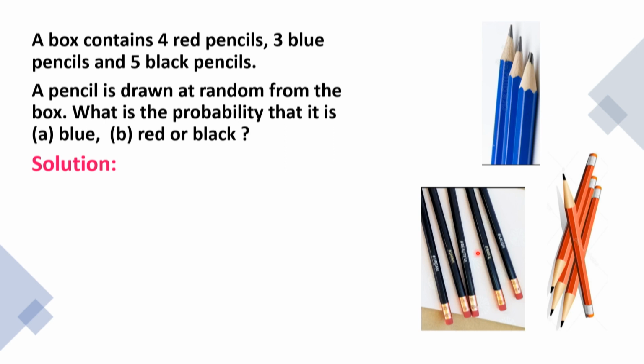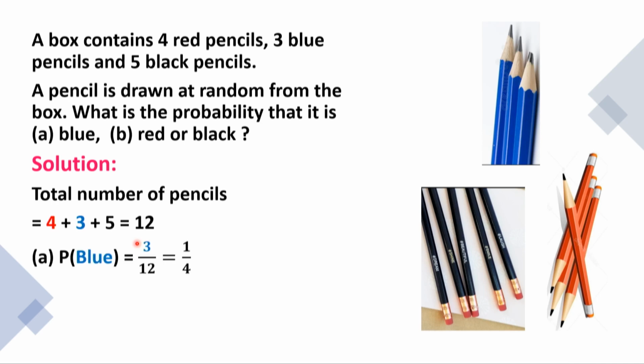How many pencils do we have in all? So, the total number of pencils will be 4 red plus 3 blue plus 5 black. That is a total of 12. We have 12 pencils. This means that in our denominator, we will have 12. The total number of possible outcomes will be 12. Now, the probability of getting a blue pencil.